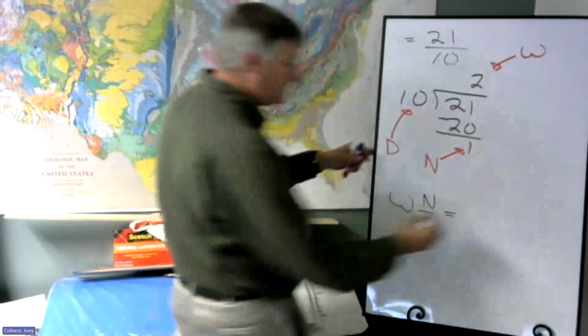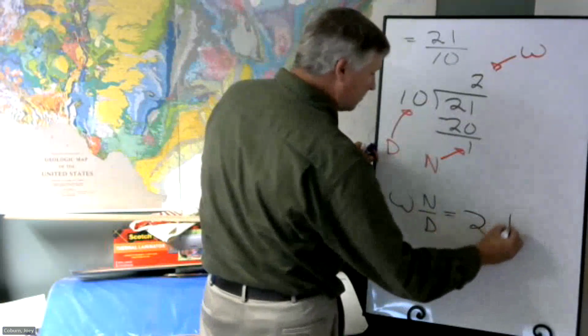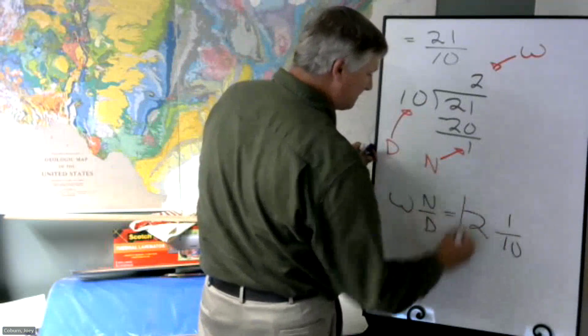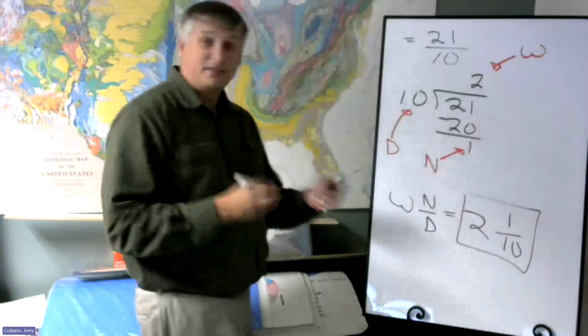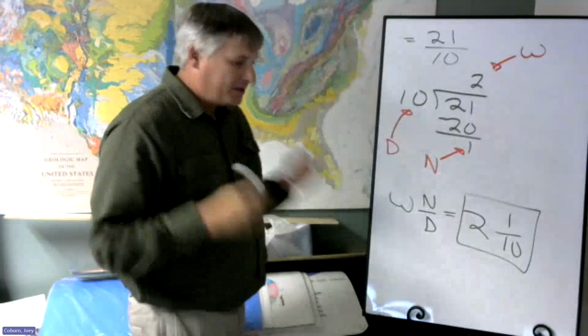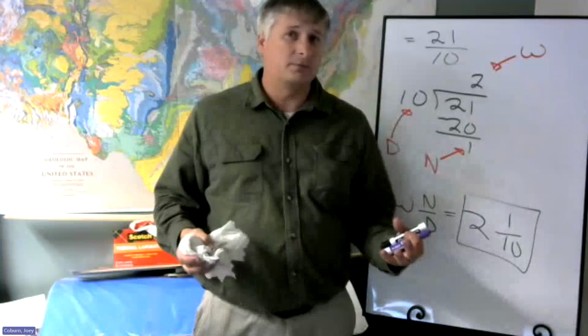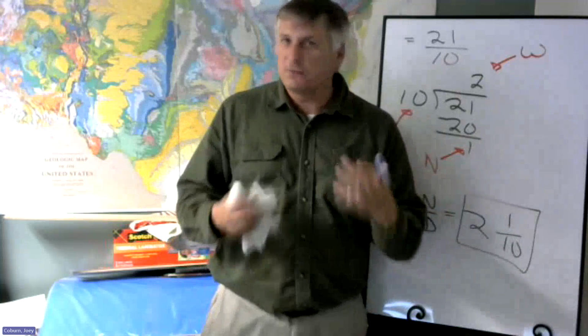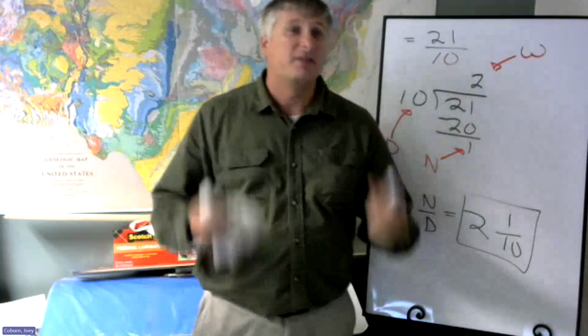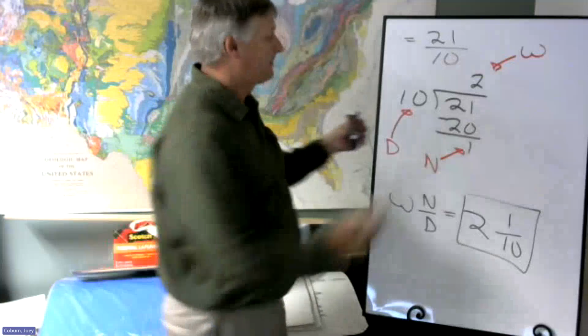So W, n, and D is going to be 2, 1, and 10. And that's the answer. But the important thing to take away from this example is if we have a mixed number, convert it to an improper fraction, then do the multiplication.